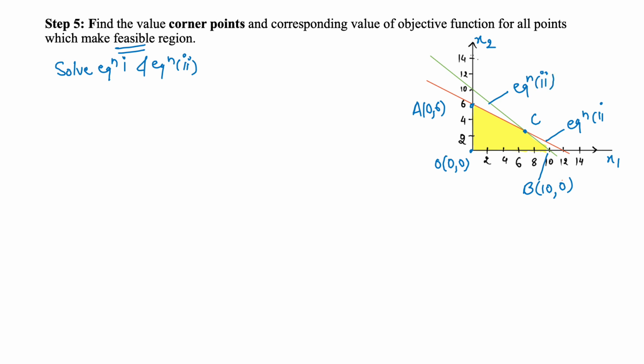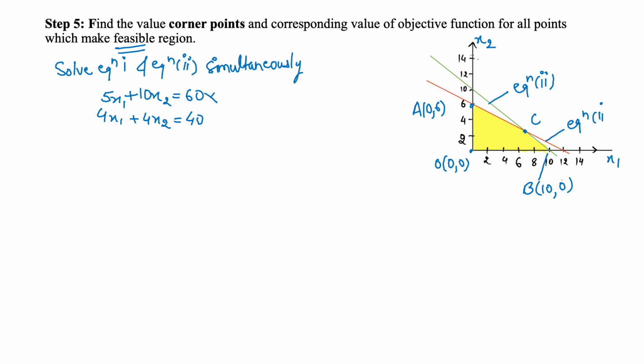By solving them simultaneously, I can find the intersection point of these two lines. The first equation is 5x1 plus 10x2 equals 60, and the second equation is 4x1 plus 4x2 equals 40.